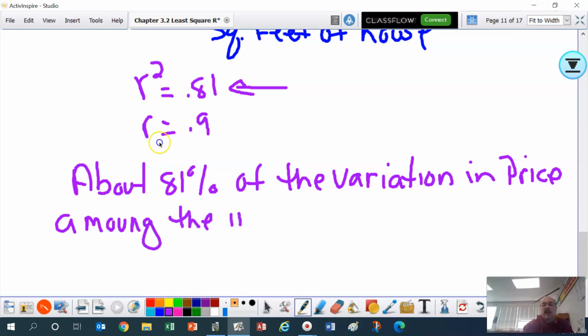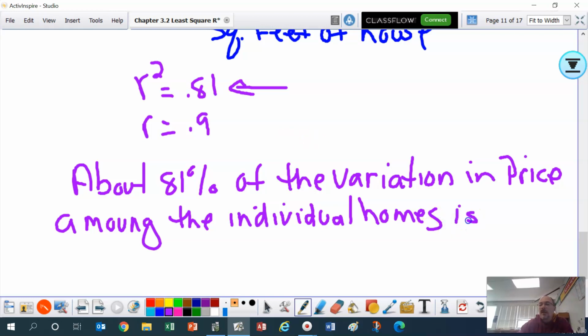Among the individual homes is due, and yes, you got to write sentences.